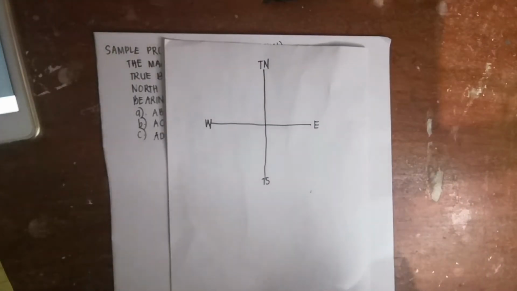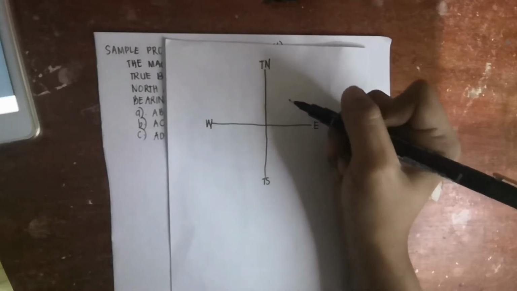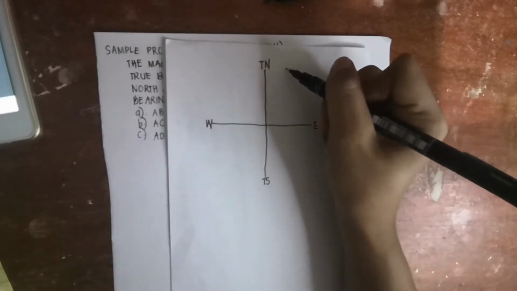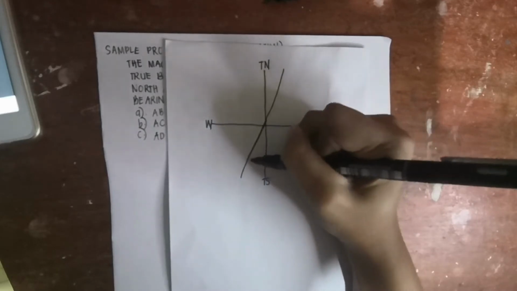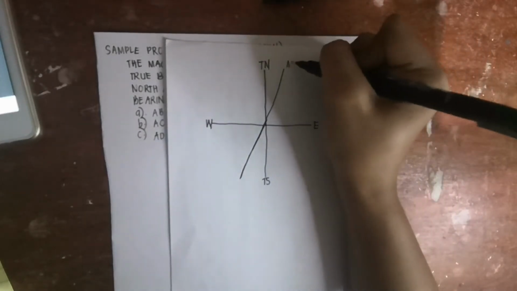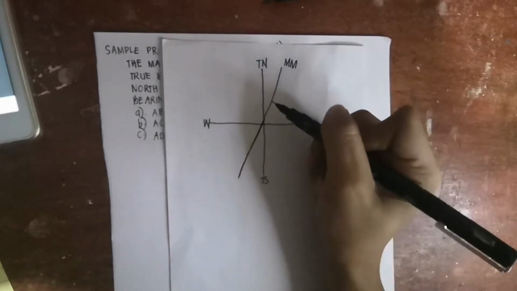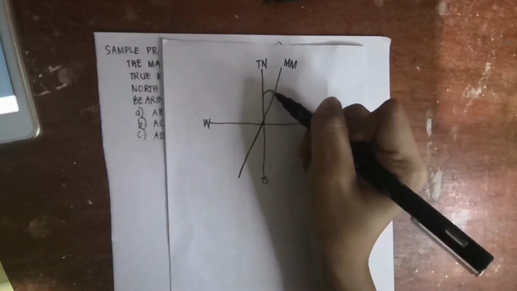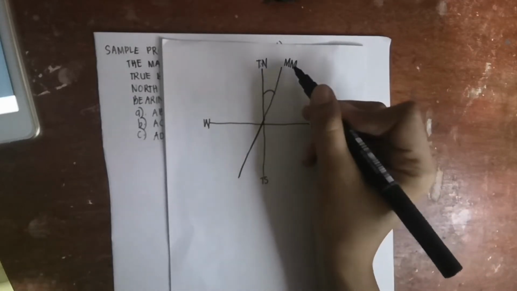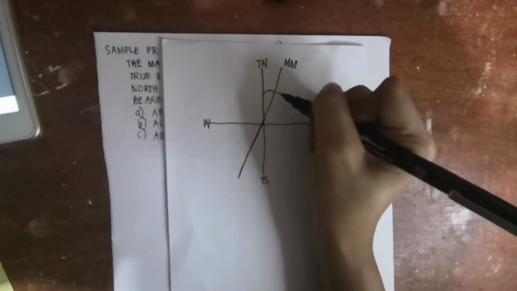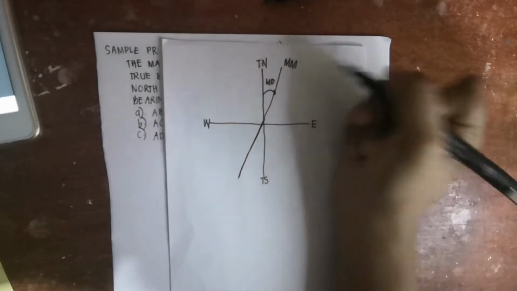While the magnetic meridian, let's say the magnetic declination is 2 degrees east. So this is the magnetic meridian. And the angle that will be formed in between the true meridian and the magnetic meridian is called the magnetic declination. So here is the magnetic declination.